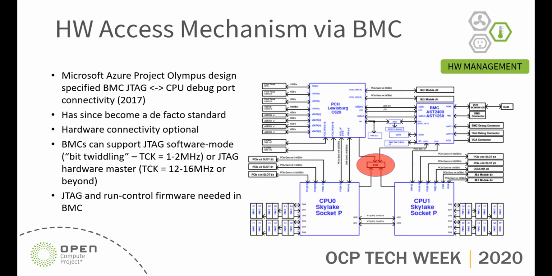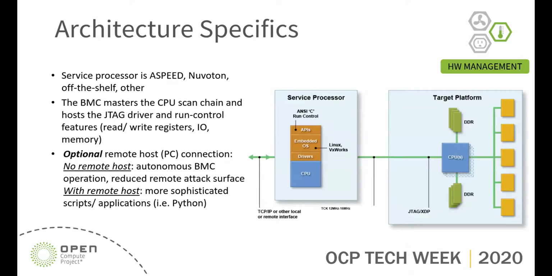And some BMCs have actually implemented the JTAG mastering function in hardware, within RTL, with which you're able to get a sustained TCK frequency of 12 megahertz, 60 megahertz, or even beyond, really just limited by the signal integrity of the implementation of JTAG signals on the design. So once that hardware connectivity is established, all you really need at that point is the JTAG driver, as well as some run control firmware within the BMC to JTAG enable the platform.